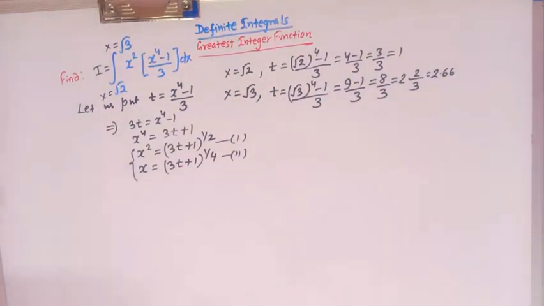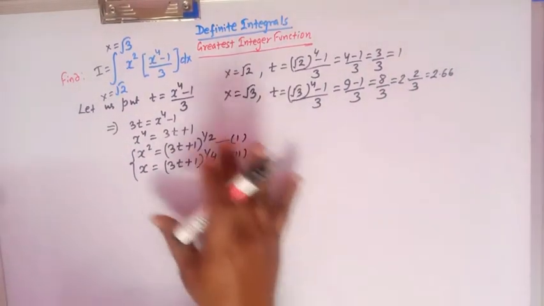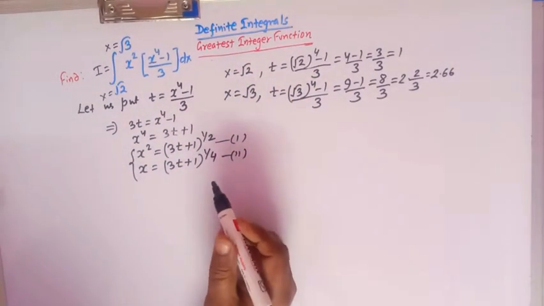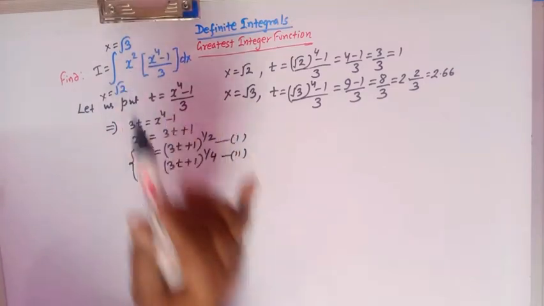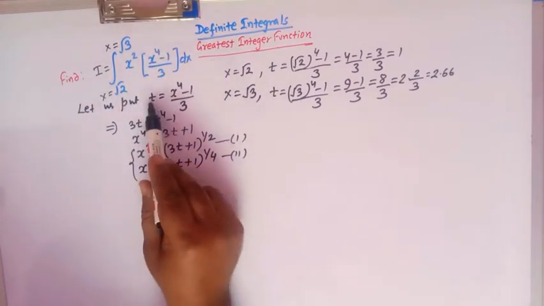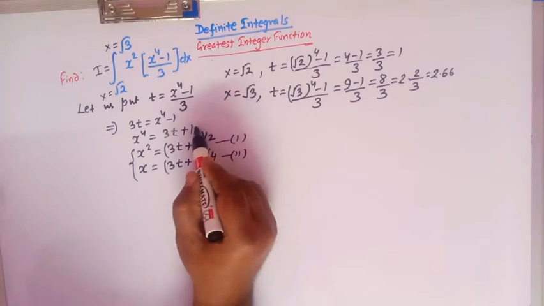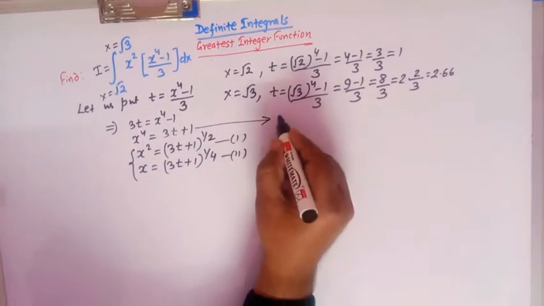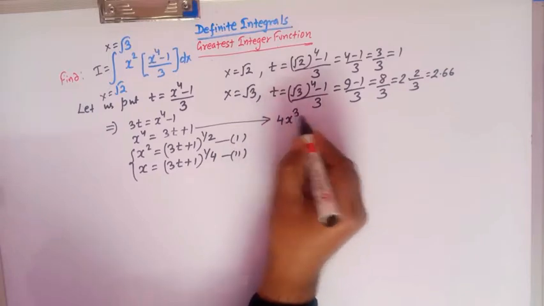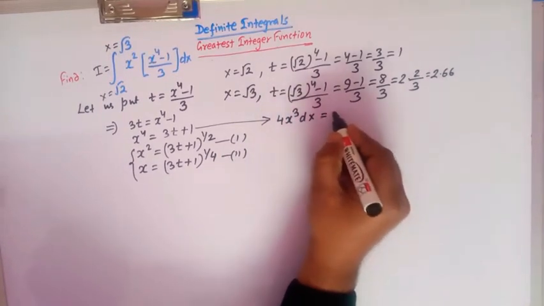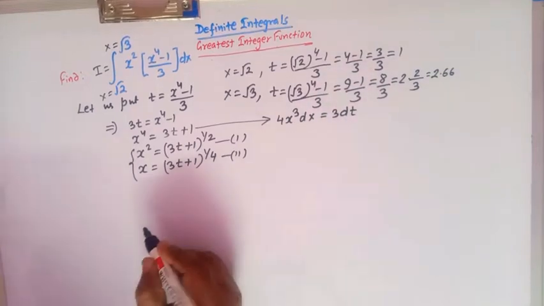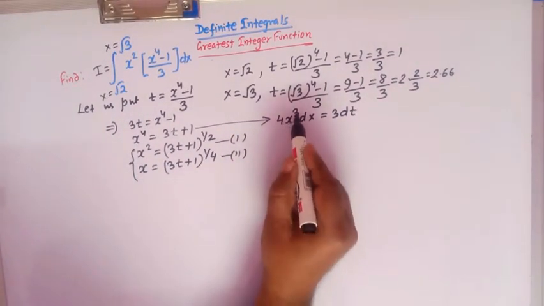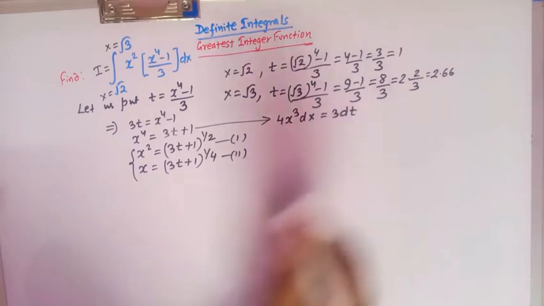Okay, so now once we have done all this, let us change this integral, right? So now if we differentiate this expression on both sides, we have 4x³ dx is equal to 3 dt, right? So differentiating both sides, we have 4x³ dx and 3 dt.